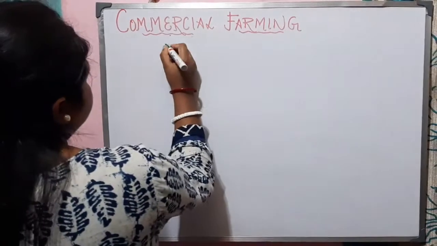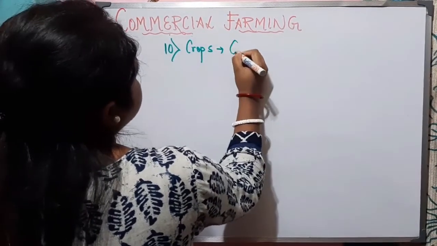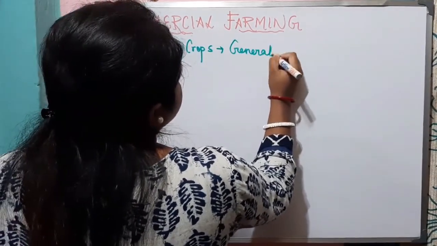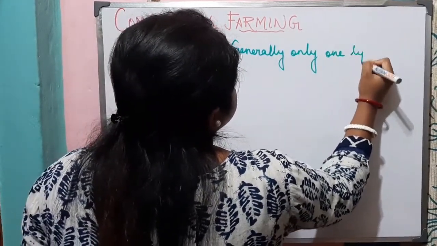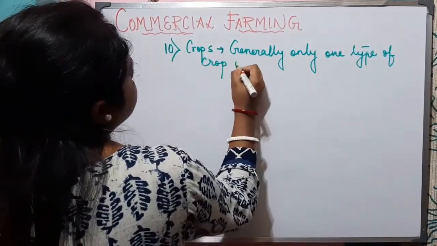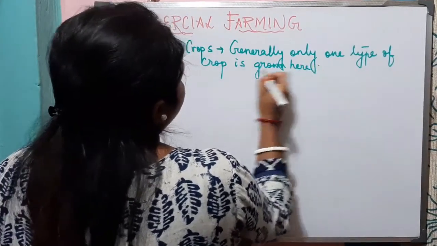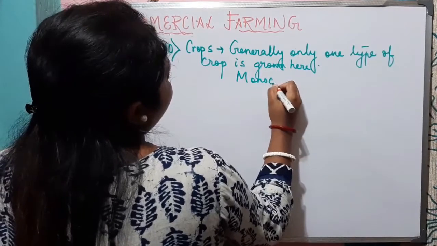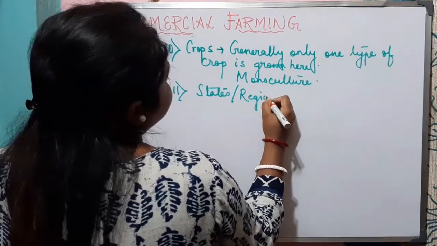The next feature is the crops. How many types of crops are grown here? Generally, only one type of crop is grown here. We call it monoculture. Which are the states or regions where this type of cultivation is widely practiced in India?